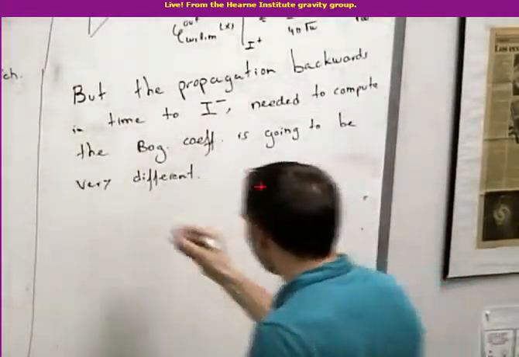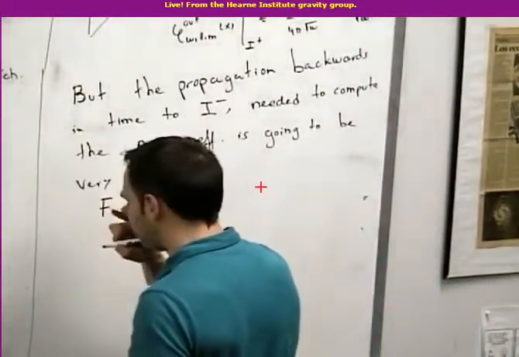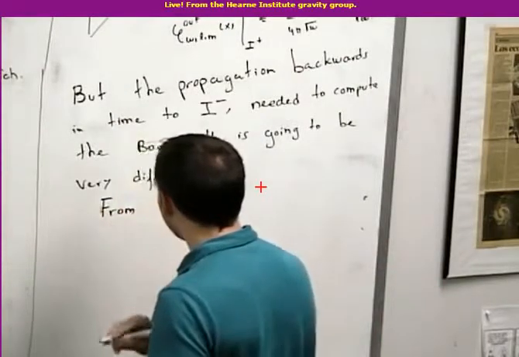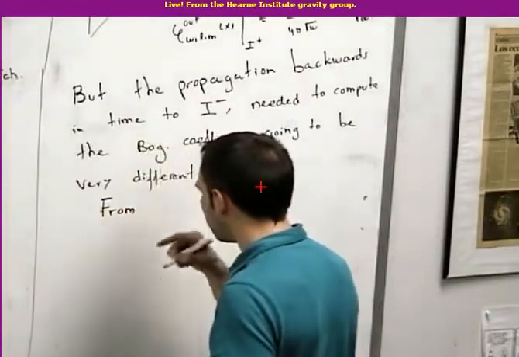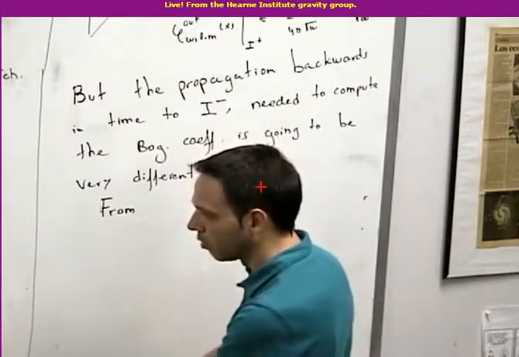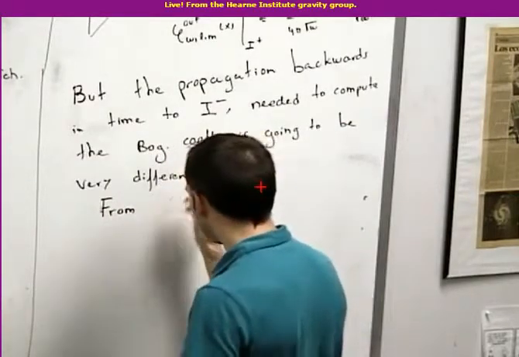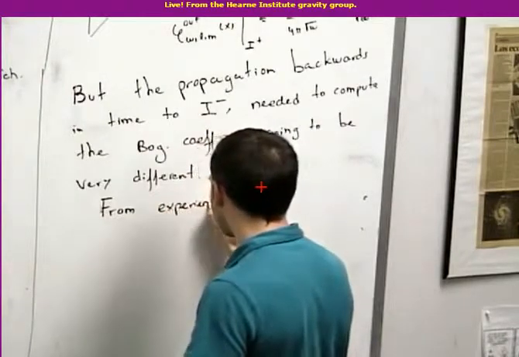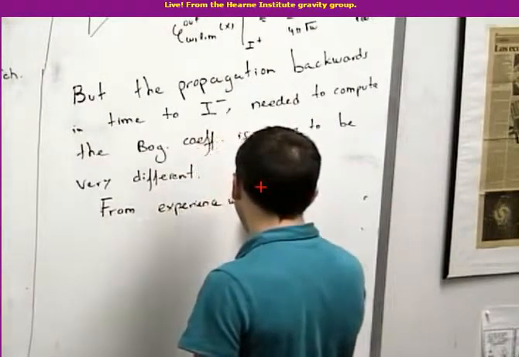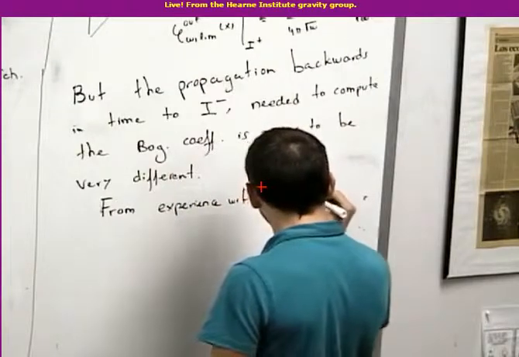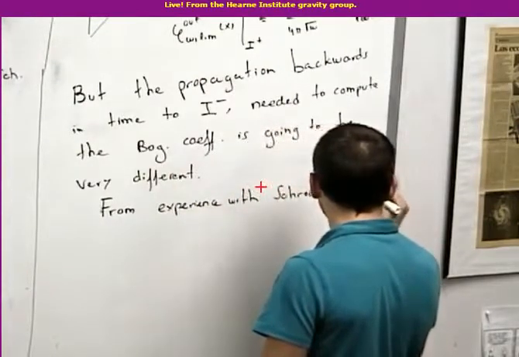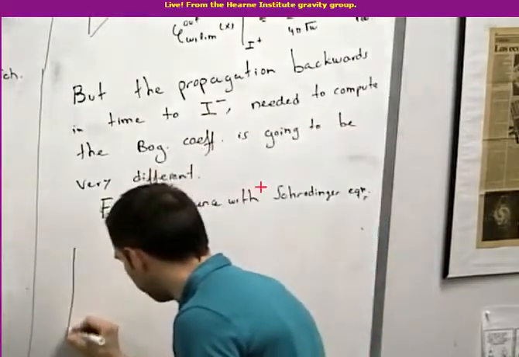So to figure out what the changes are, we can use our intuition in solving the Schrödinger equation. So from experience with the Schrödinger equation, we can guess what is going to happen.